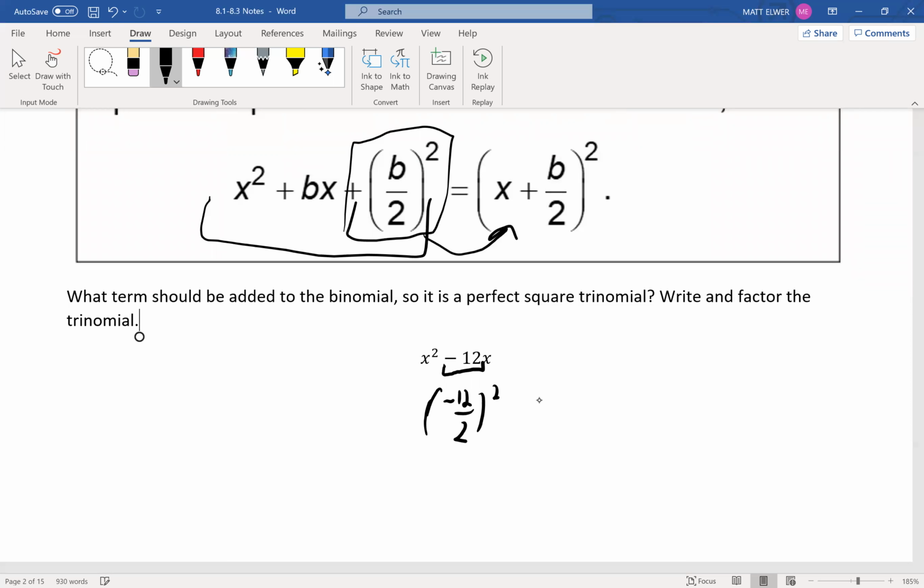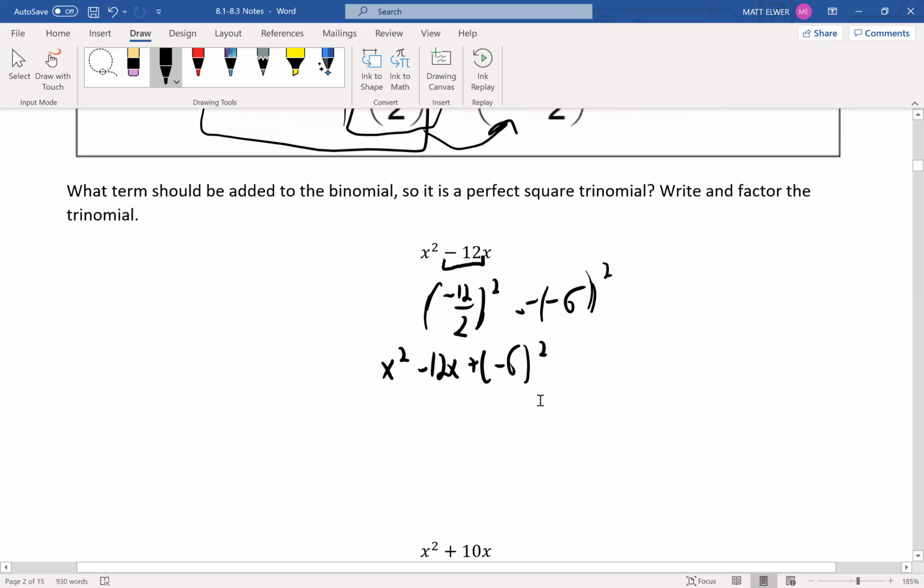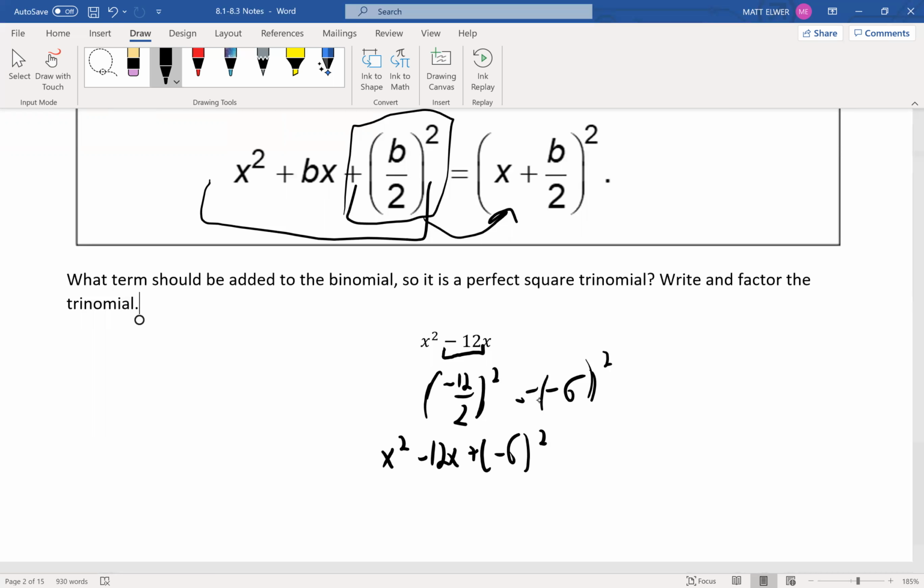Maybe I'll rewrite this really quick. So we get x squared minus 12x plus a negative 6 squared. So we're adding that third term in there. The reason I'm not simplifying this more is because we know exactly what this changes into.